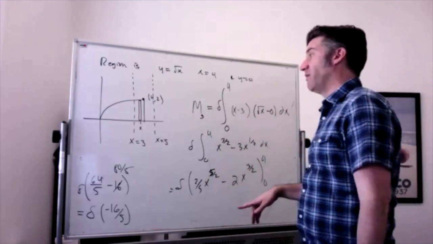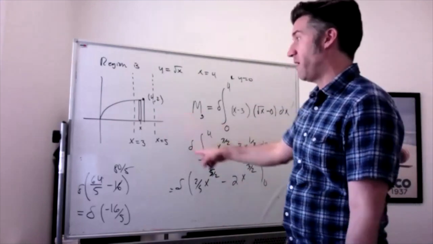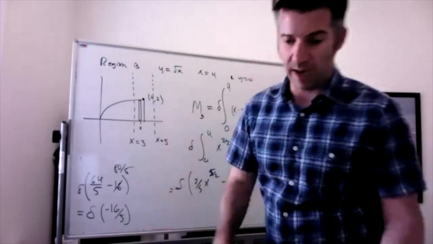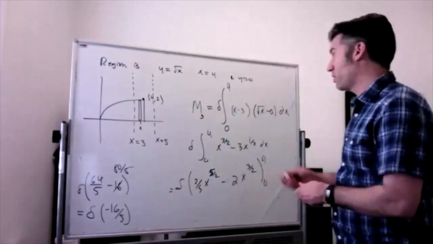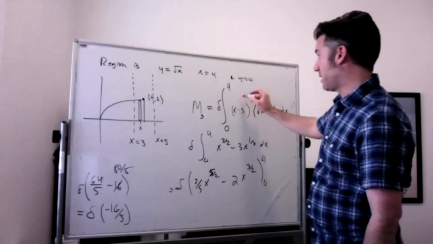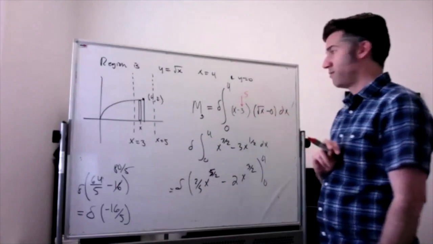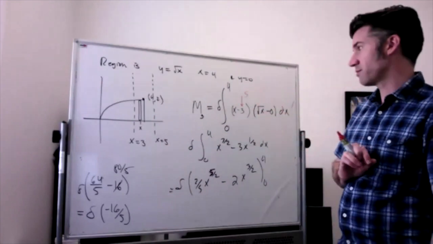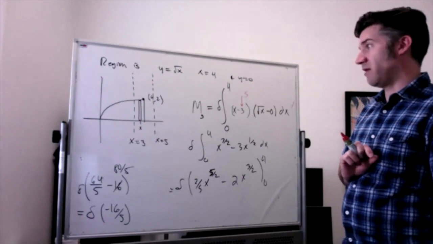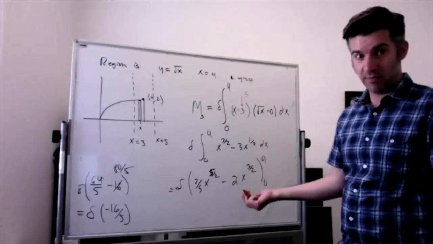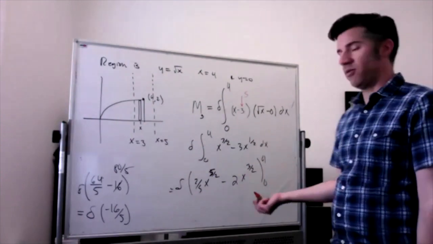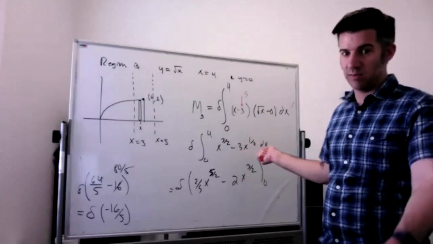Anyway, if I was trying to find the moment around x equals 5, now this is where I'm not sure, but I'm pretty sure it's just going to be x minus 5, because the lever arm should be negative. So I don't think we need to do that problem, even though someone asked me to.